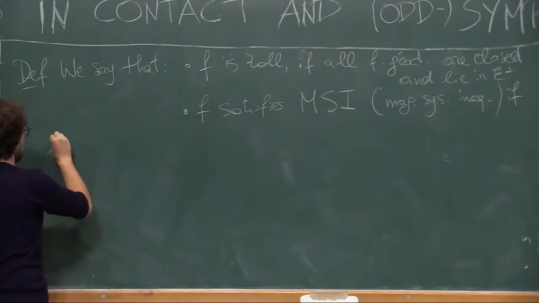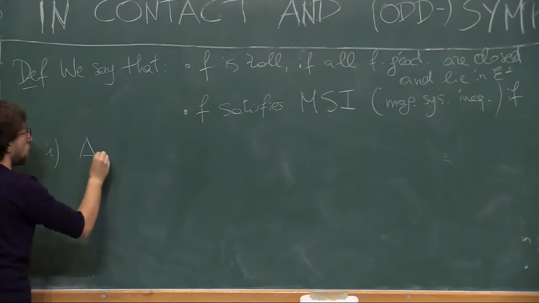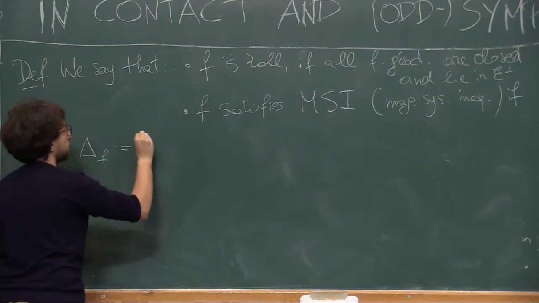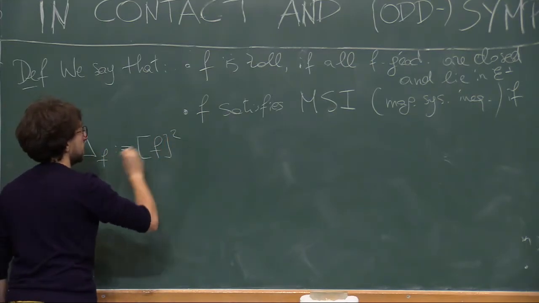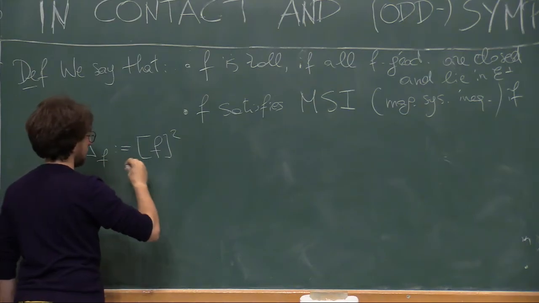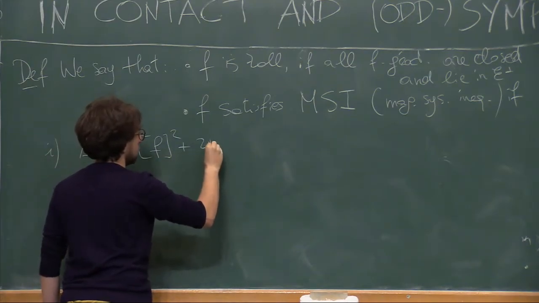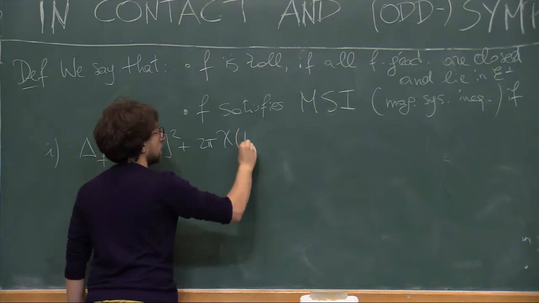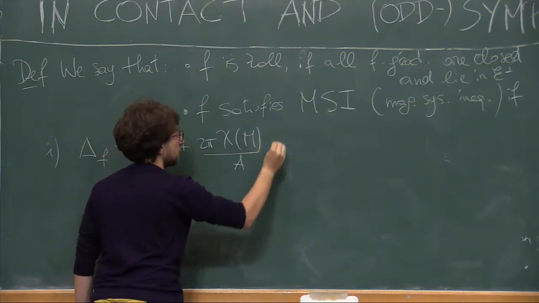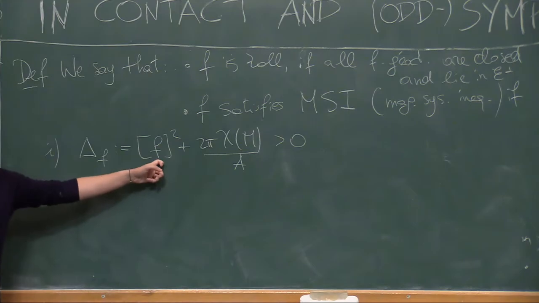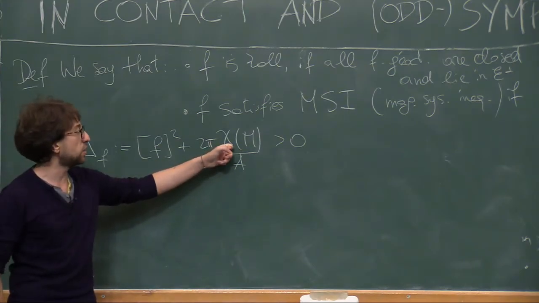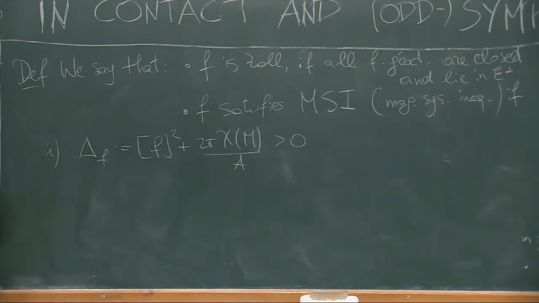First thing is that this quantity, delta f, which is defined as the average of f squared plus 2 pi times the Euler characteristic of M divided by the total area A, is positive. So this is the average of f, this is the Euler characteristic of M, and this is the total area. So we want, first of all, that this quantity is positive.